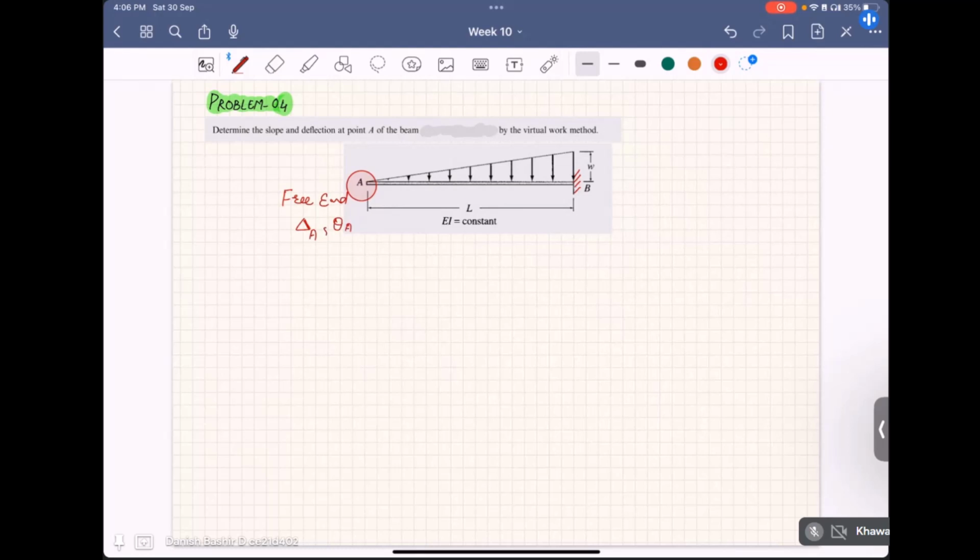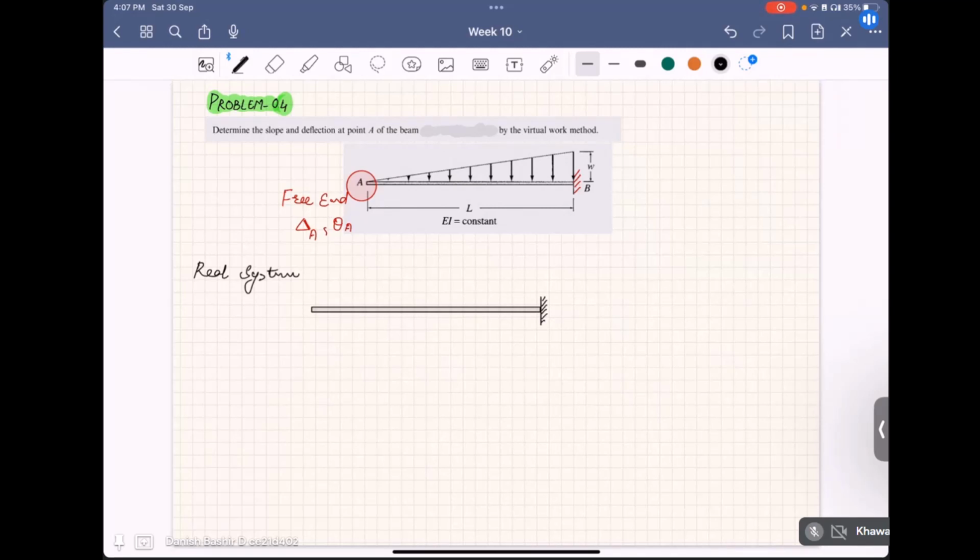How we will deal with this problem is that first we have to draw the real system. It is subjected to a triangular load like this. EI is constant flexural rigidity, so the real system will be: our beam is like this, fixed from this point.